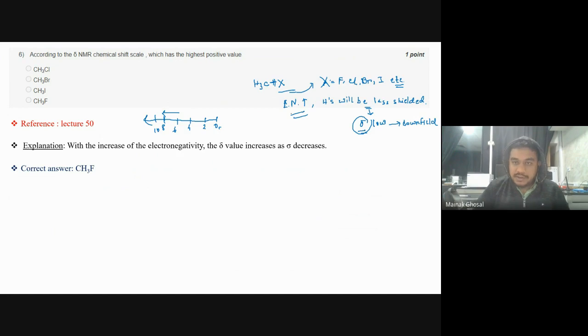So in conclusion, if electronegativity increases, then the delta value increases.